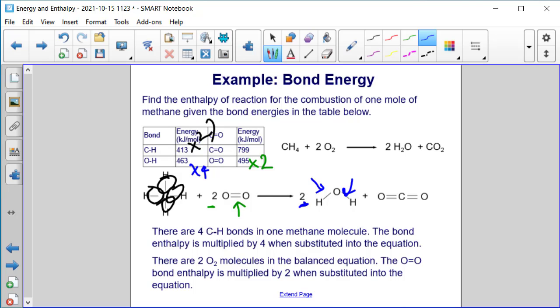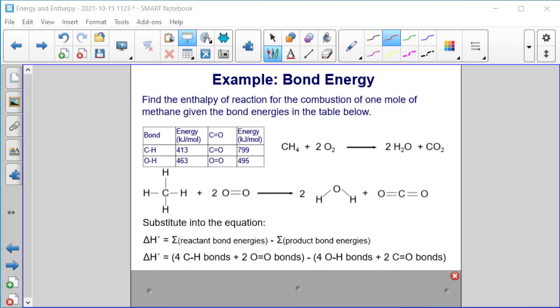And similarly, we have 1 carbon dioxide molecule that forms, and when it does, it forms 2 carbon-oxygen double bonds. So we can take this bond enthalpy associated with the carbon-oxygen double bond and multiply it by 2. I'll show you the math on the next slide, but this is how we interpret these Lewis diagrams to help us determine how much energy is required for each bond to be broken on the reactant side and for each bond to be formed on the product side.